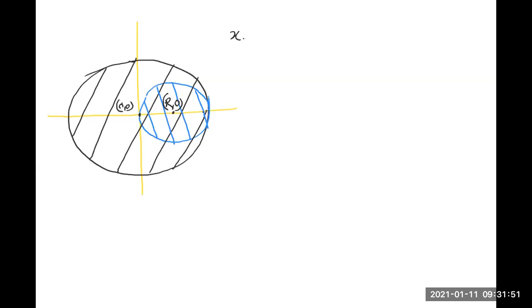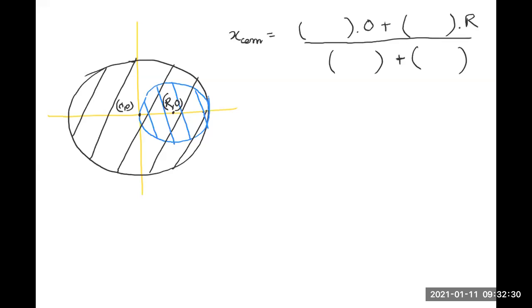So the x coordinate of center of mass is equal to mass of the first sphere into x coordinate of its center of mass, 0, z coordinate 0, y coordinate 0, plus the mass of the other ball into the x coordinate of center of mass of the other ball, divided by mass of the first ball plus mass of the second ball.